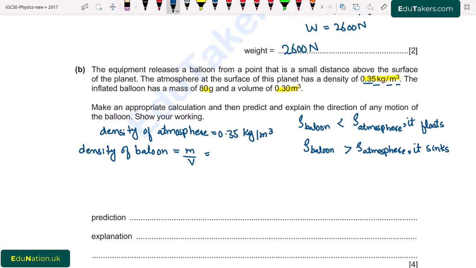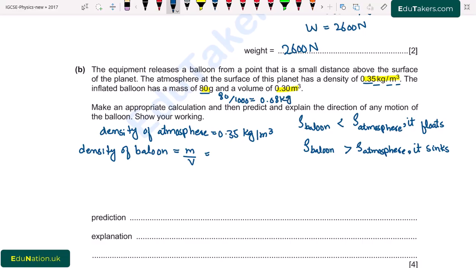The mass of balloon is 80 gram and we have to convert this gram into kilogram. So what will I do? 80 divided by 1000, so the value of mass comes to be 0.08 kilogram.